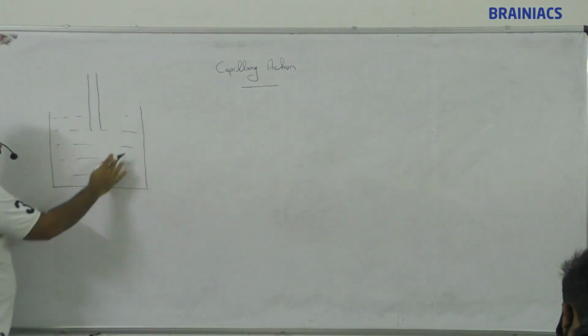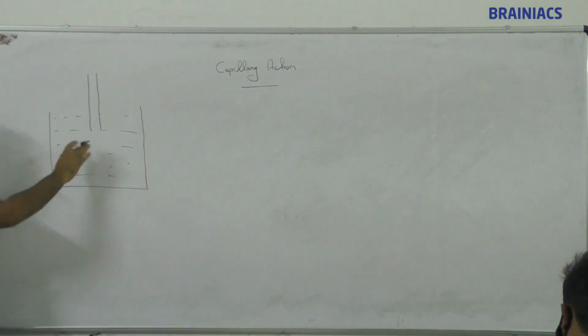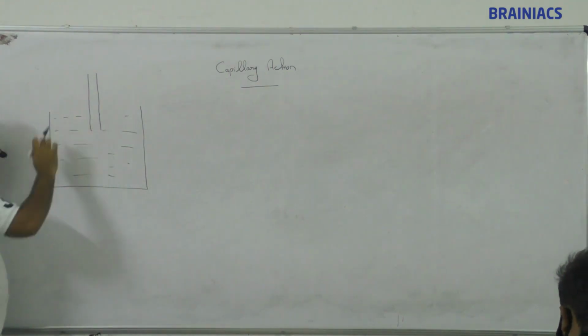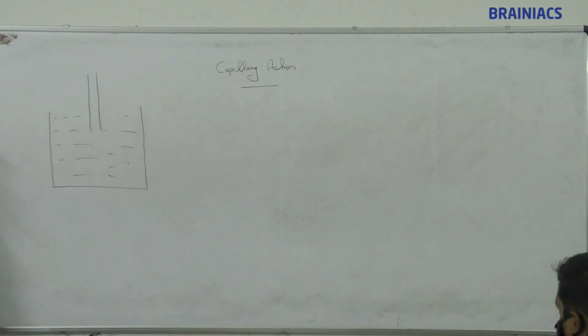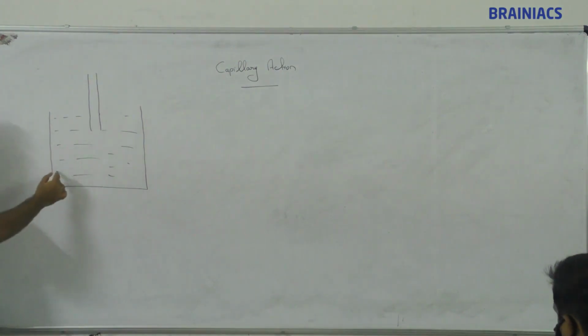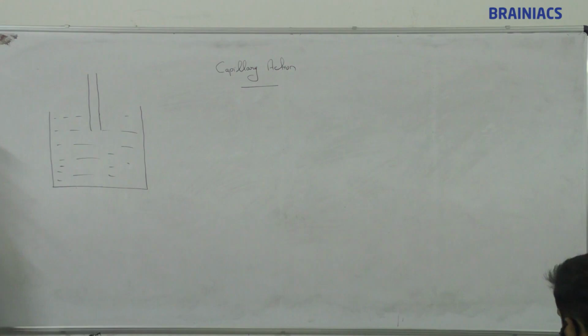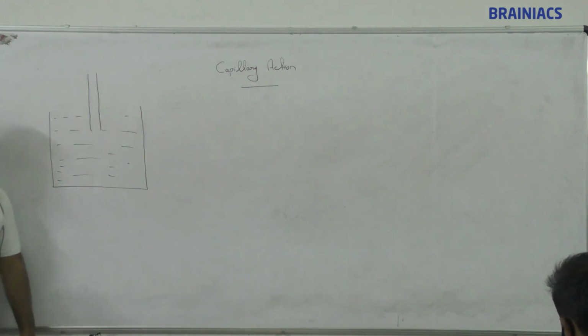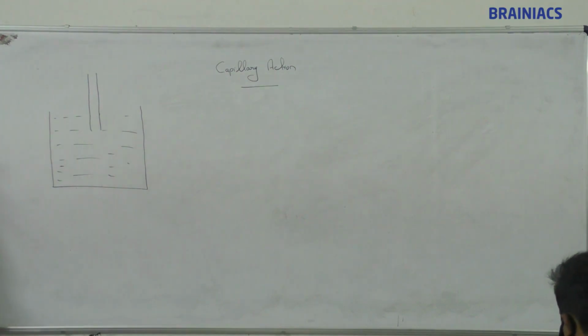This is water molecules, and this is glass molecules. So this could be water or any fluid, water or mercury, methyl iodide or anything.